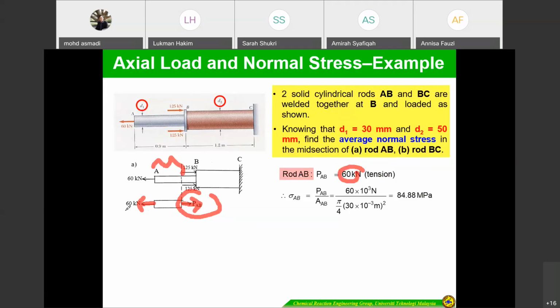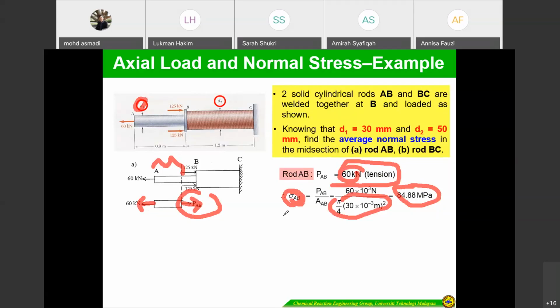Look at the left and right direction. So we get 60 kilonewton in tension for P_AB, and then you calculate normal stress, just divided by the area. The diameter is equal to 30 millimeter, so we get 84.88 megapascal.